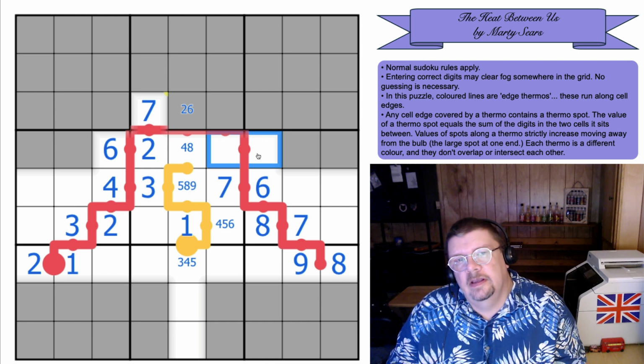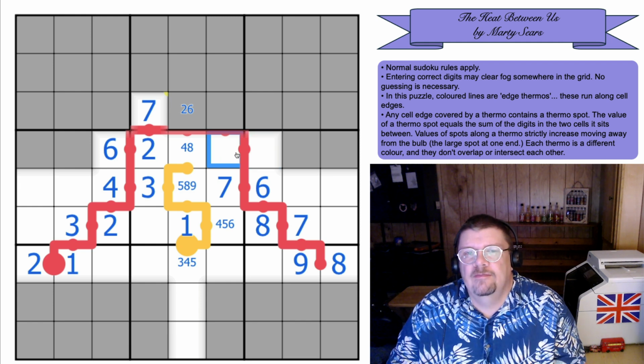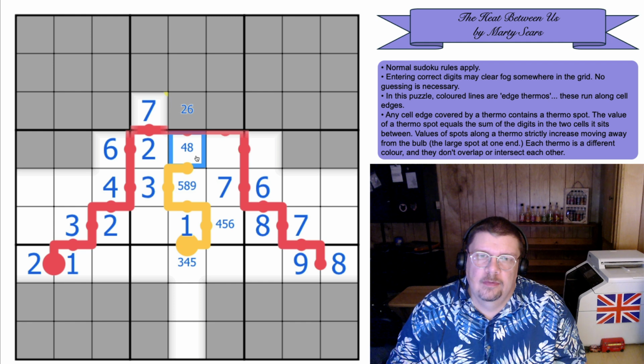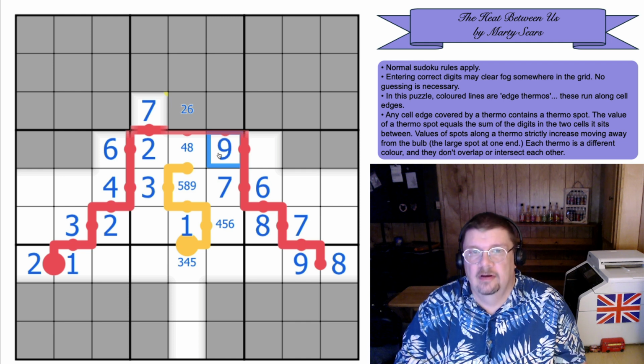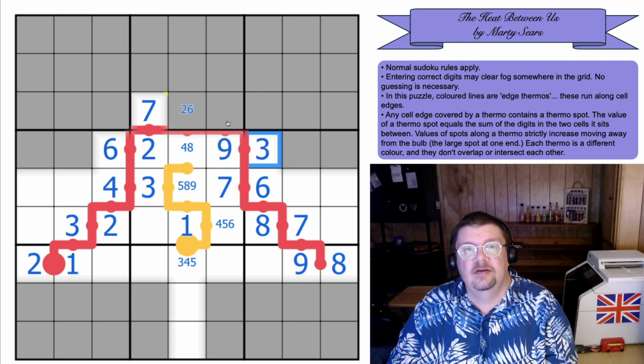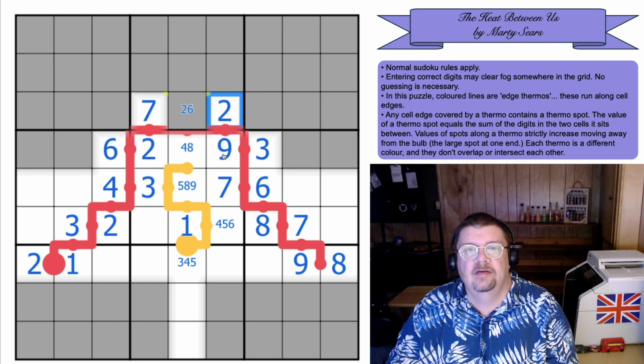This here is 12, which can be 9, 3, 4, 8, or 5, 7. Okay, it can't be 5, 7 because I've got 7 in both boxes. Can't be 4, 8 because that would break that cell. So it must be 3, 9, and that 3 tells me that that's a 9, that's a 3, that's exactly one less as we discussed earlier, so that's a 2, and that does indeed make 11.